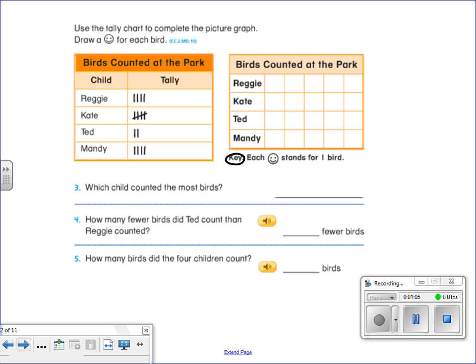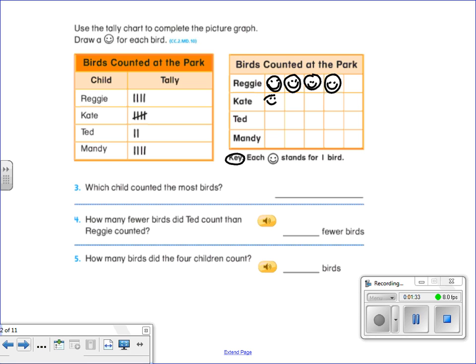Our key tells us to use one smiley face for each bird. So let's look at Reggie. How many tally marks for Reggie? Erica? So we're going to draw how many smiley faces? 4. For Kate, how many tally marks do we have there? Arash? 5. Right, so how many smiley faces will we draw? 5.